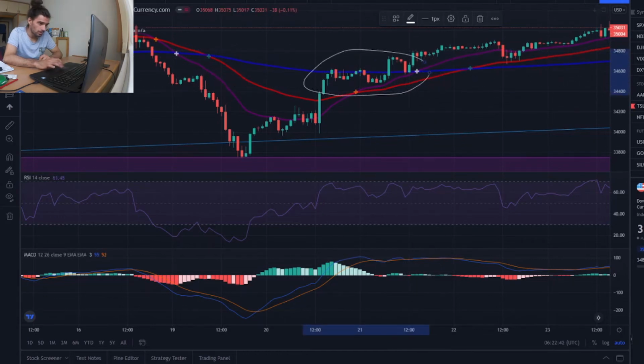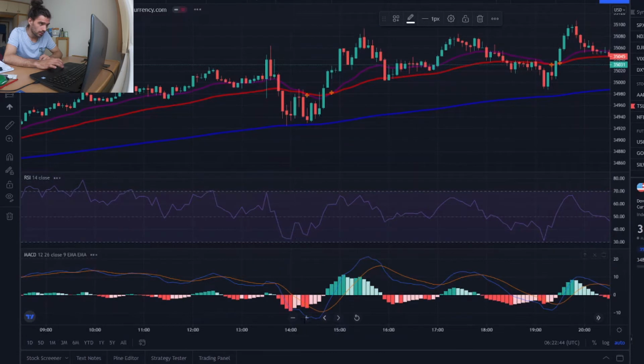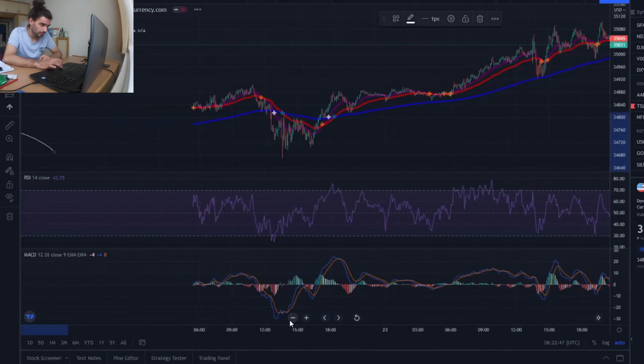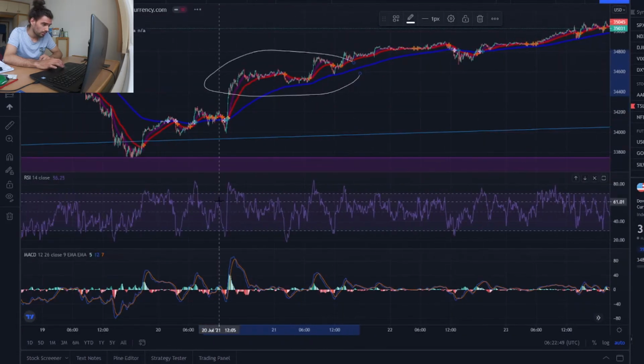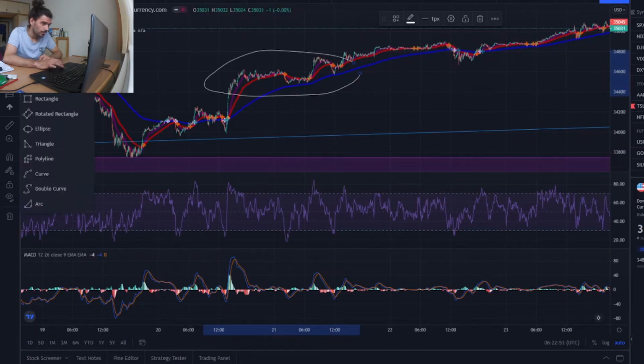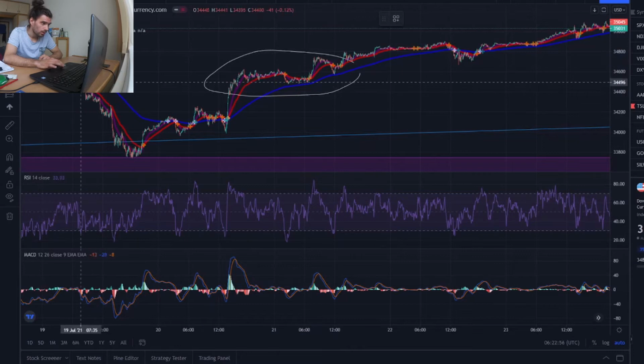Now if we take a look at the 5-minute chart, the strategy is actually really simple, and it is more or less the one I showed in my last video.